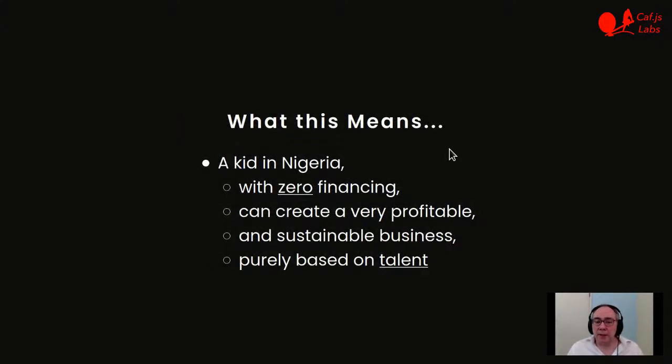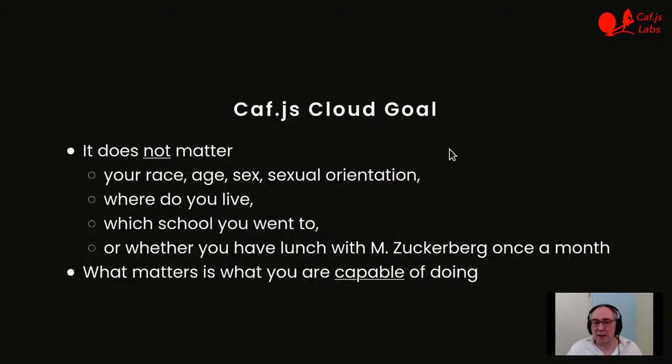What this means is that now a kid anywhere in the world, with absolutely zero financing or access to any financial instruments, can create a very profitable, very sustainable business, purely based on talent, nothing else.